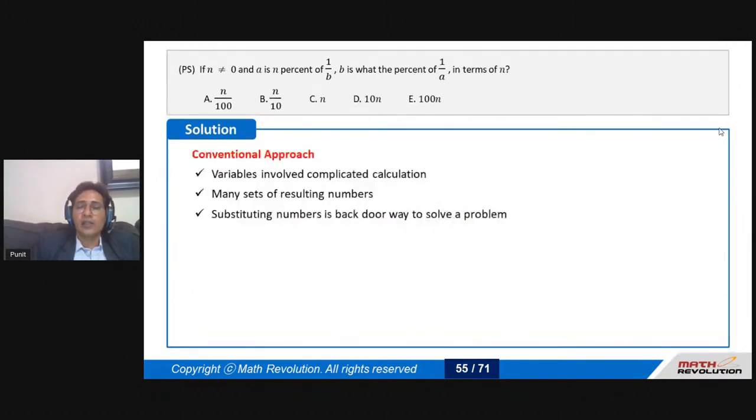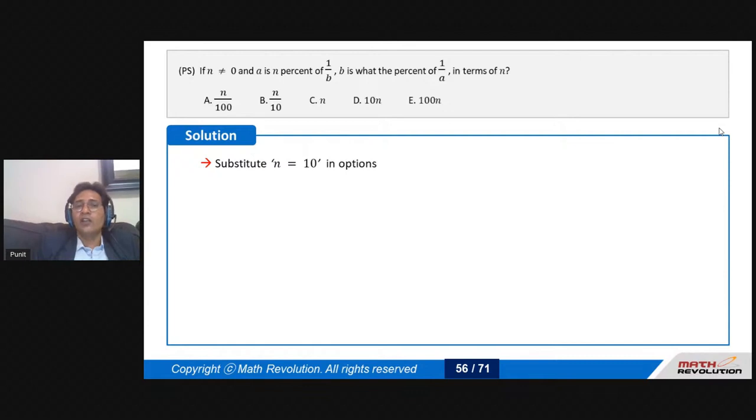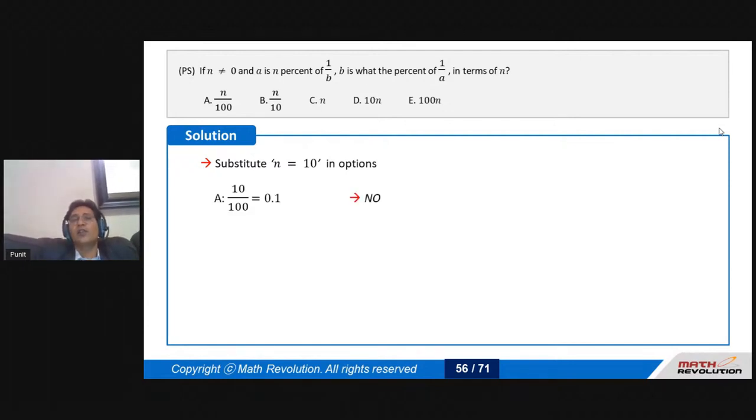Now, if I have to solve this same question by a conventional approach, there are a lot of variables that would be involved. If you substitute numbers like n equals 10 and B equals 0.1 in this, A is n%, then you get A equals 1. Then for B, you get 10. What you're doing is simply substituting the values, and now you're checking every option.